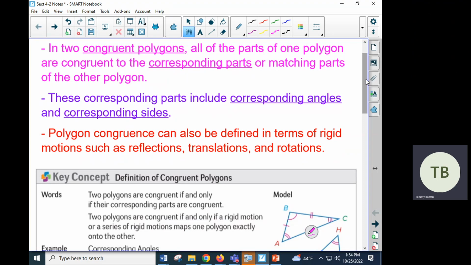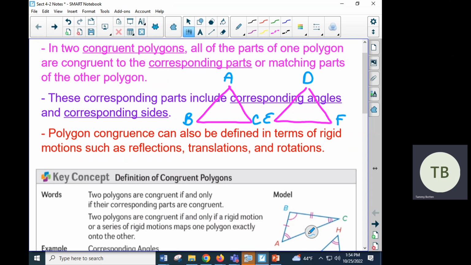All right. So what we are going to do today, you guys, is start something that we're going to be doing for several days, and that is showing that two triangles are congruent. When two triangles are congruent, you can have triangle ABC congruent to triangle DEF.